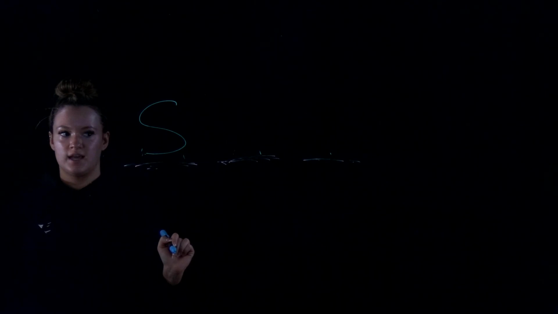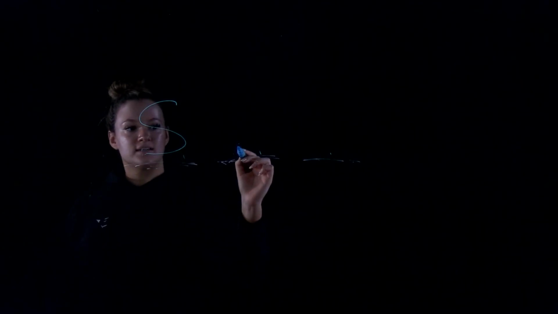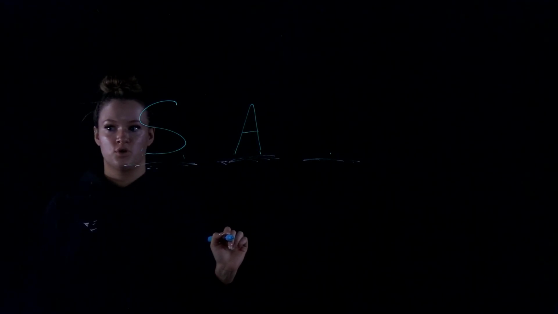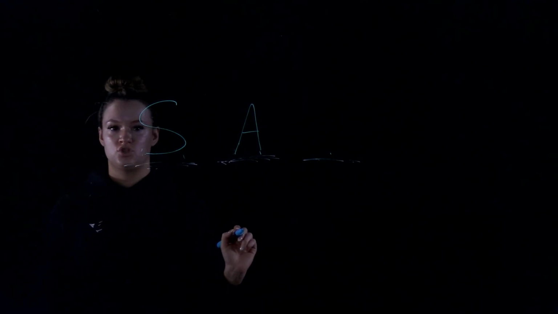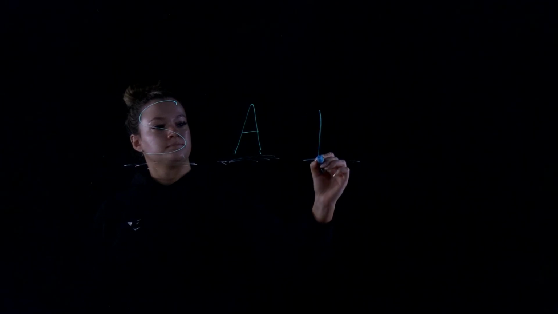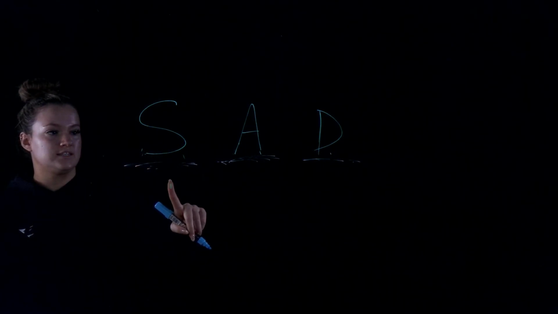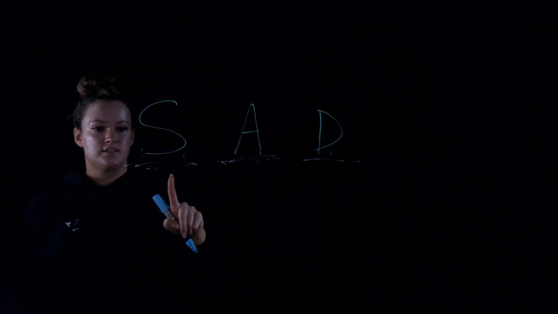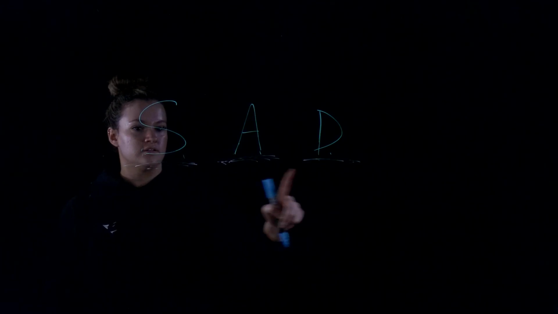So letter A, d. Remember, it's not duh. We're not saying duh. We're saying d. So stop your sound. We have the letter D. So we have d. Sad. One more time. Sad.